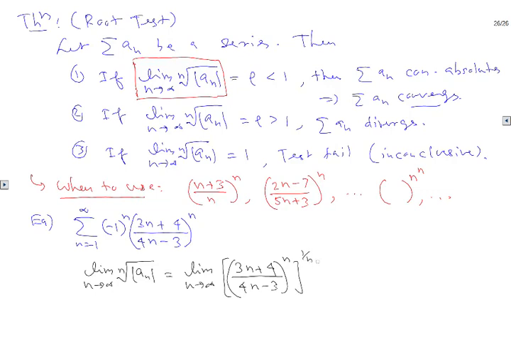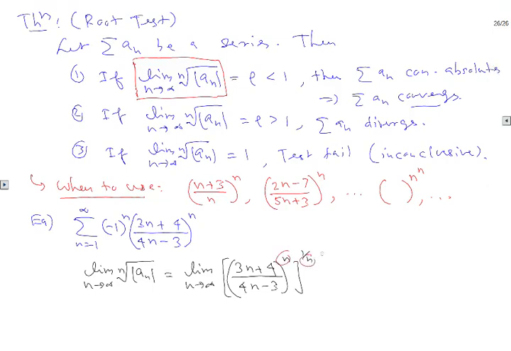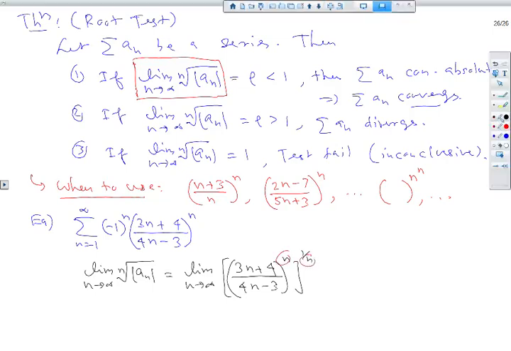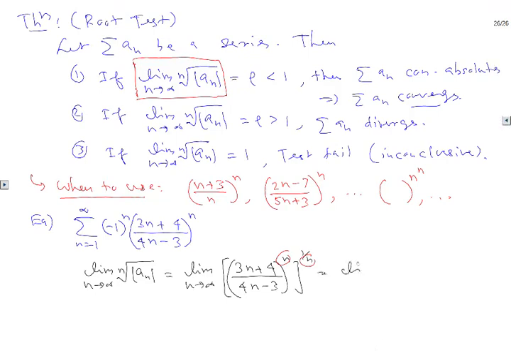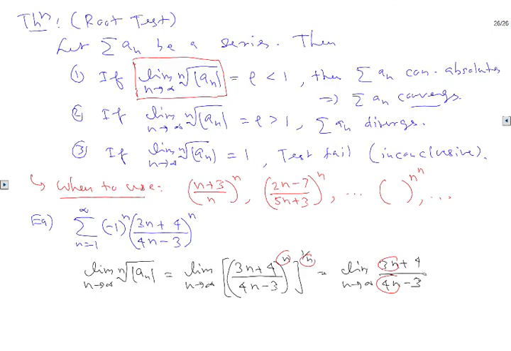So you can see these two get cancelled, and you simply end up with the limit as n goes to infinity of 3n plus 4 over 4n minus 3. When you look at the dominating terms, the limit is simply 3/4, which is less than 1.